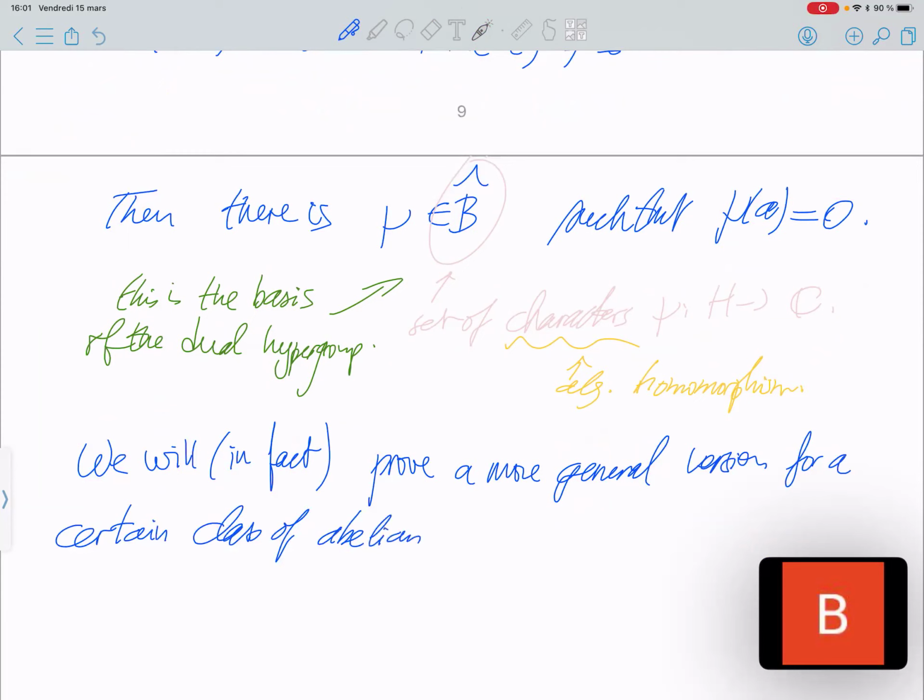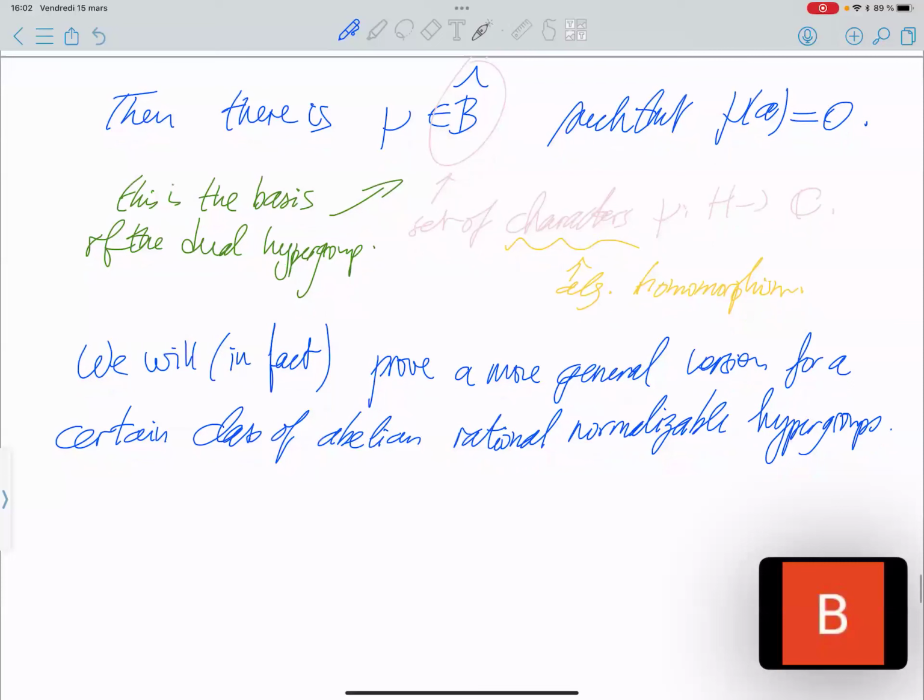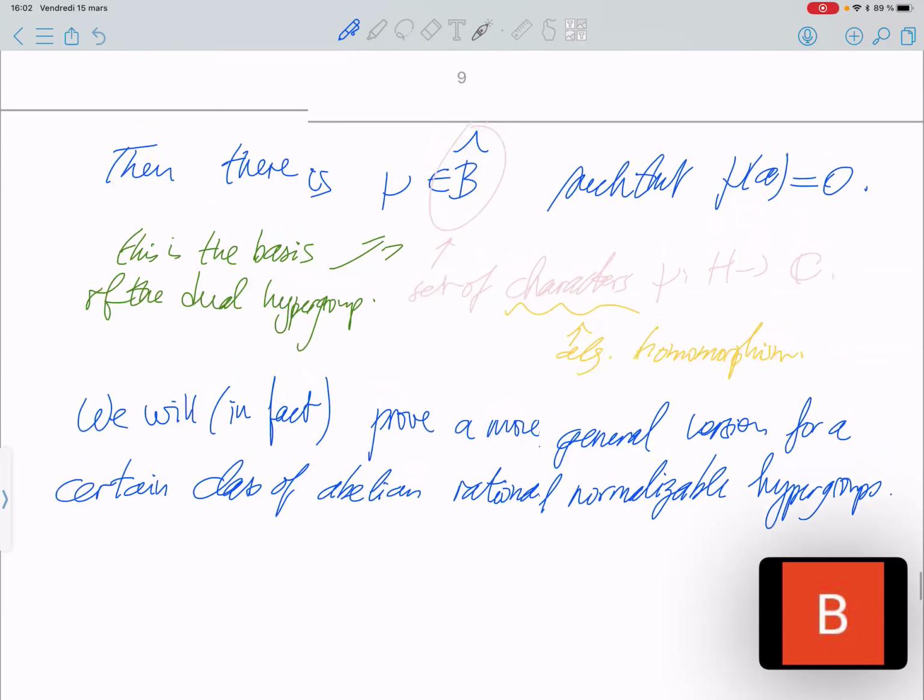So now we will consider the notion of group-like element in the basis.